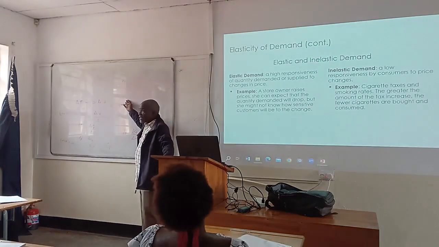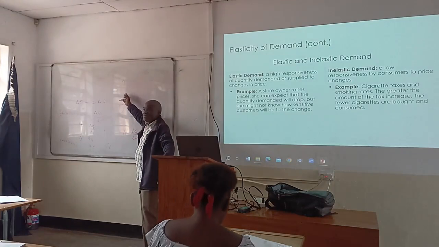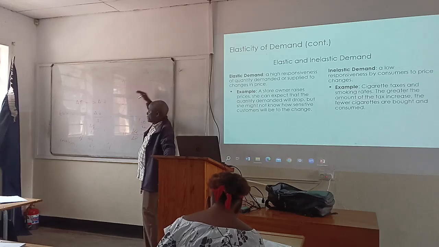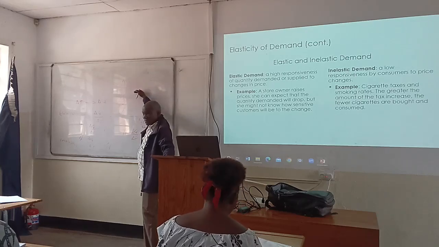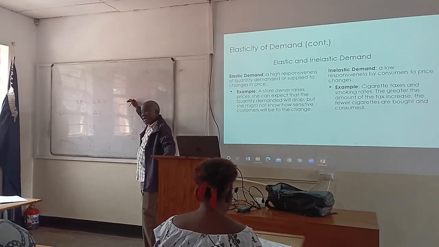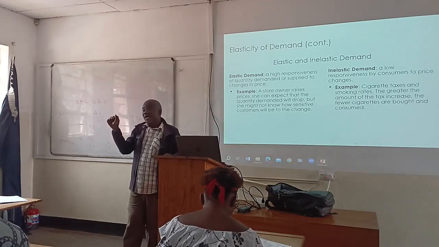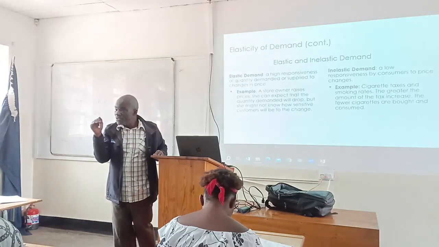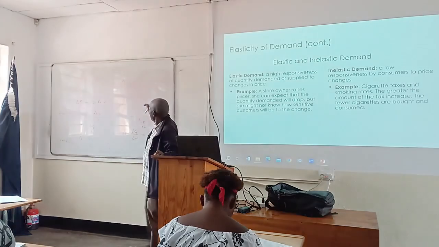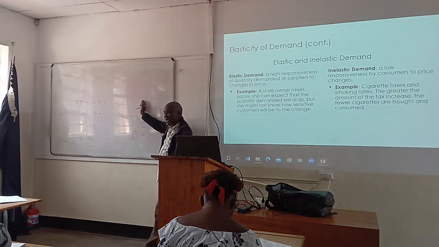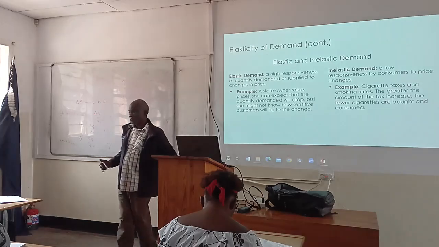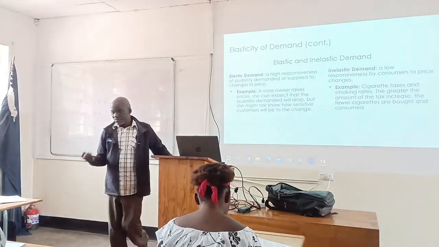So the moment you increase your price, the supply will just be flooding the market, be so huge because it's above. So in terms of supply, we said when prices go down, people are not happy. They will not supply. They reduce the supply. But when it is a perfectly elastic supply, it means the moment you reduce, nobody will produce. That's the implication.